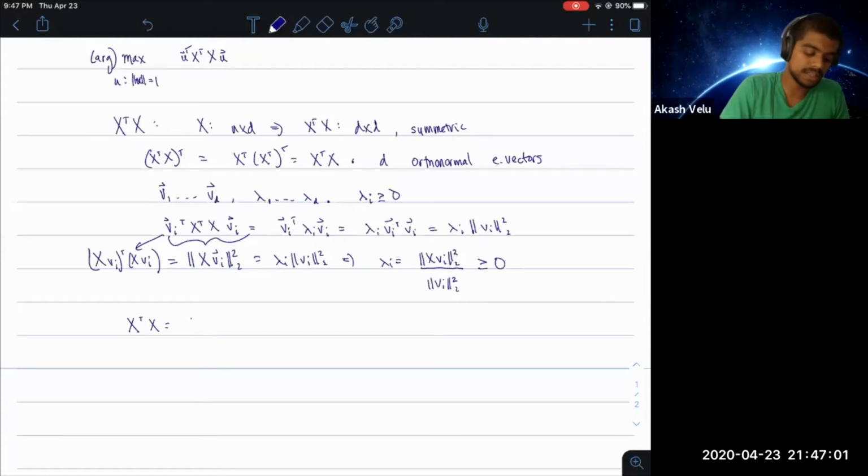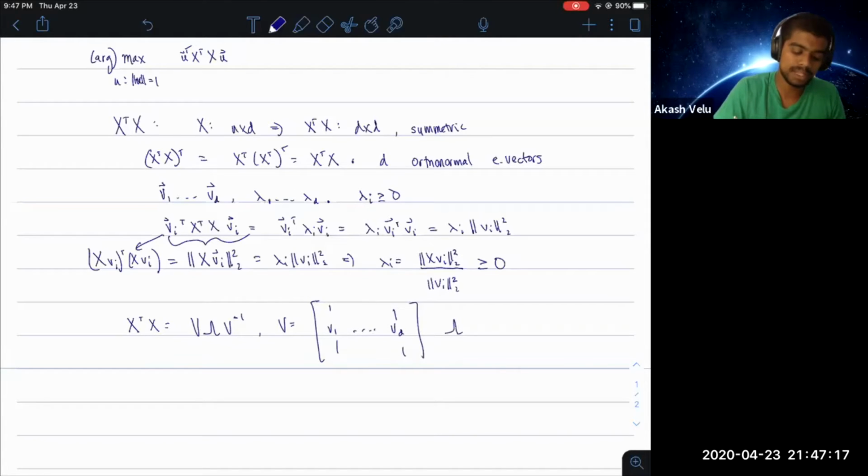So we're going to write this as V lambda V inverse, where V is the matrix with columns of the eigenvectors, and big lambda is a diagonal matrix where the diagonals are each individual eigenvalue.